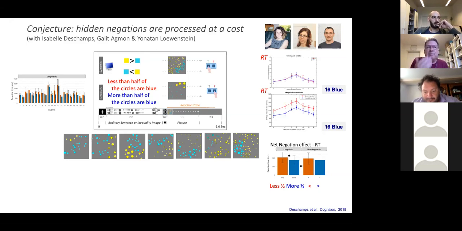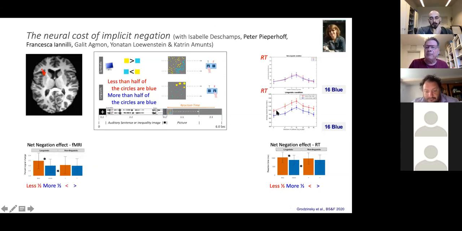So here is a possible explanation for why, despite the fact that with comparatives you have mixed monotonicity, you got the reaction time effect nevertheless. The explanation says, because you stopped attending after you got the matrix. So you had, there are more blue circles, and that was sufficient for you, and you responded.